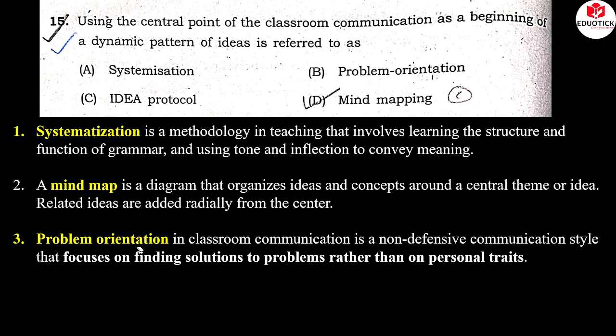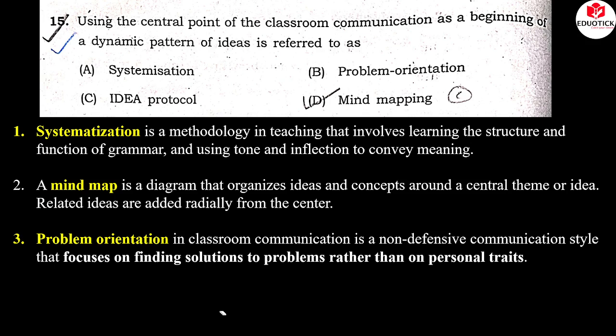So what is problem orientation in classroom communication? Problem orientation in classroom communication is a non-defensive communication style that focuses on finding solutions to problems rather than on personal traits. Like, if you are discussing some problem, then you will discuss among all your friends or the group of people.